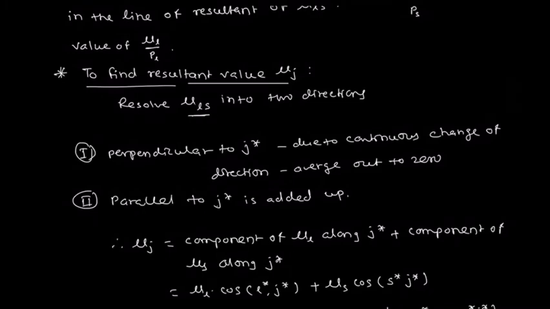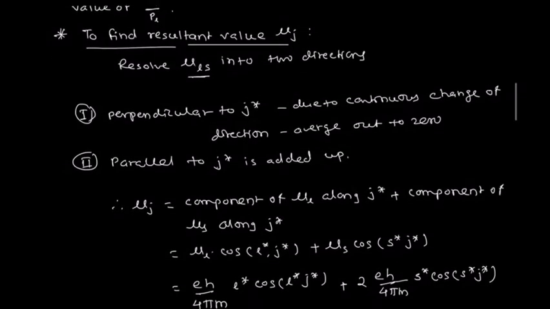Now, how do we write the component of mu L along J star? That means we take the projection of mu L along J star. It gives the term mu L into cos of L star J star, plus the second term, the component of mu S along J star. Here also mu S is projected on J star and it gives mu S into cos of S star J star.